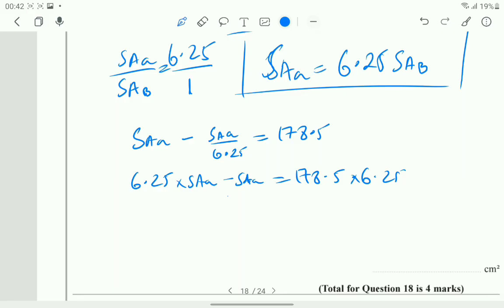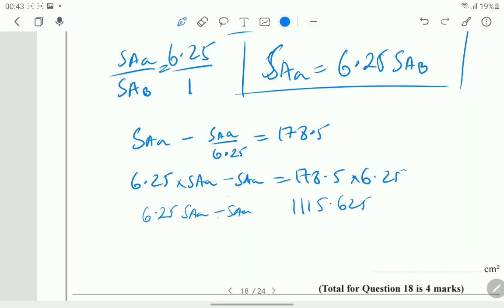178.5 into 6.25 is 1115.625. 6.25 SAA minus SAA.